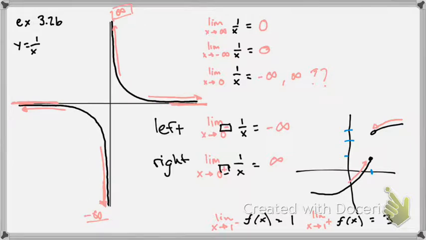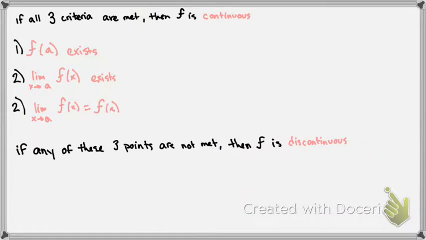So we say there's no point at x equals 0, so we say x equals 0 does not exist, or we write it as DNE. And this information is important in determining the continuity of a function. And in order to know if f is continuous, we have to look at the 3 following criteria.